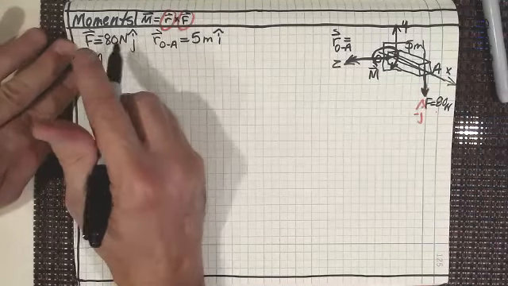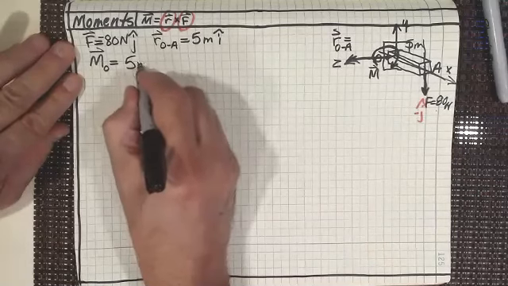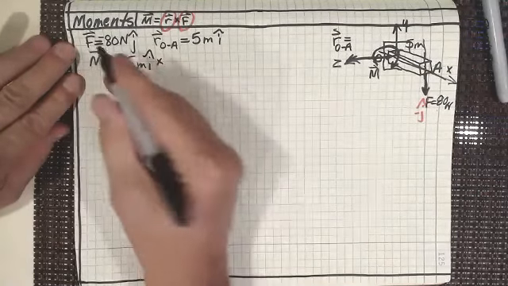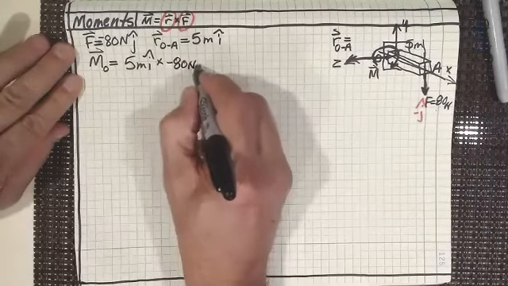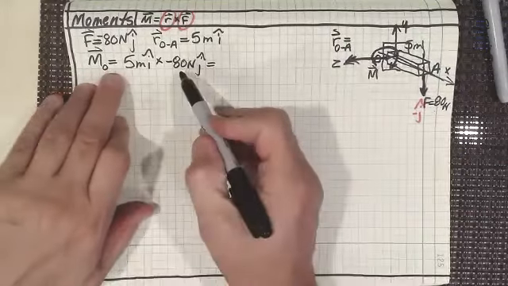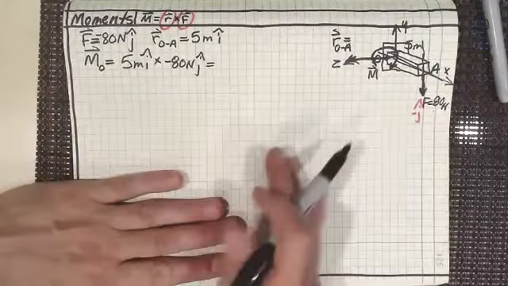So the moment about O is going to be R sub OA, which is 5 meters I hat, crossed with F, which is minus 80 newtons J hat. Well, 5 and minus 80 is going to be minus 400.